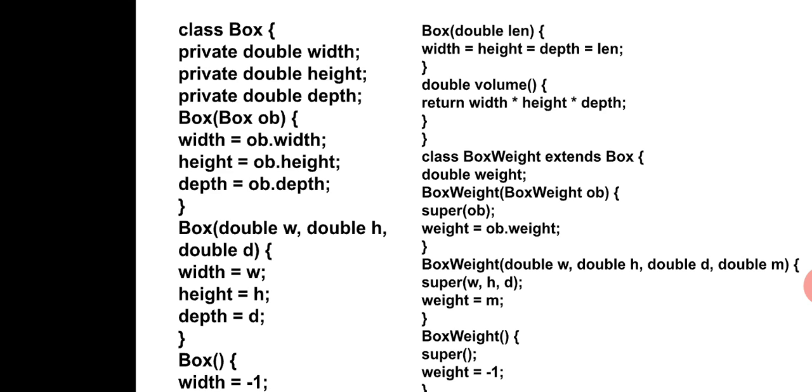On the left hand side you can see you have class Box. Inside class Box you have three variables with the access specifier private. That means you can access width, height and depth only within the Box class, not from the outside. Now you have one constructor, Box of Box ob.